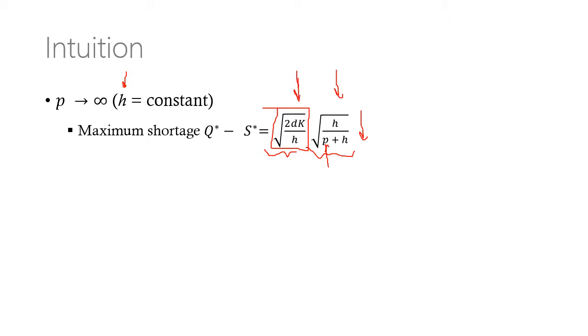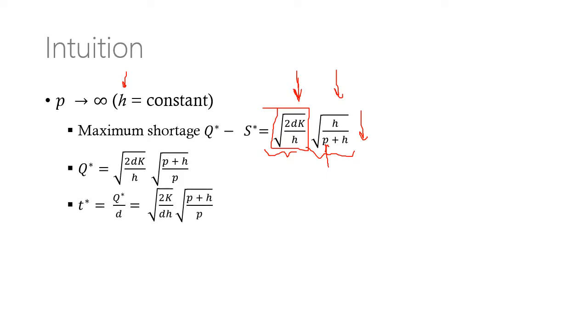This was the formula of economic order quantity. Then the other two formulas are for the order quantity and the time interval between two subsequent replenishments. Again, the shortage cost appears in the denominator of both of these formulas, and as the shortage cost increases considerably, the terms in both formulas decrease, and that means the value of Q approaches this term and the value of T approaches that term, and these were the terms in the previous model when we did not allow shortages.